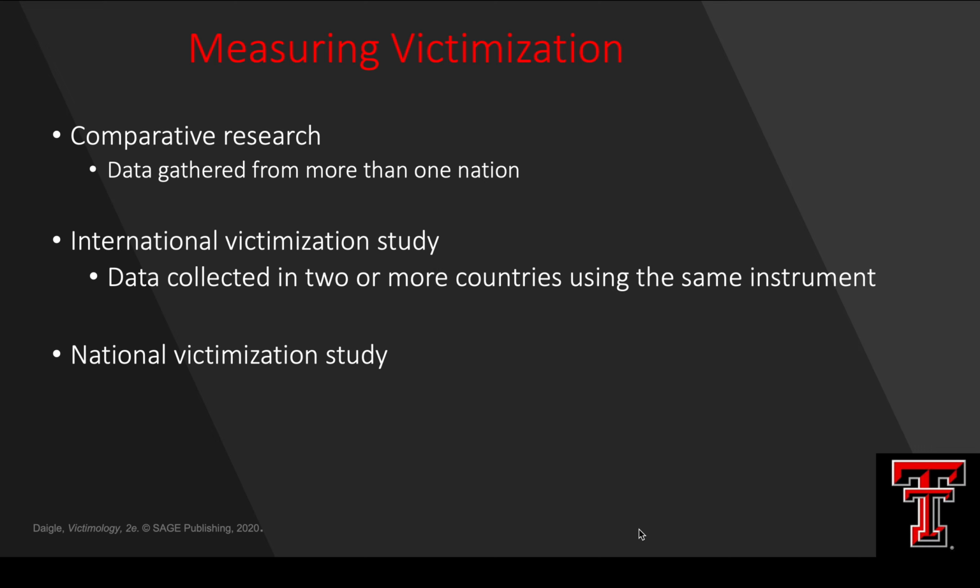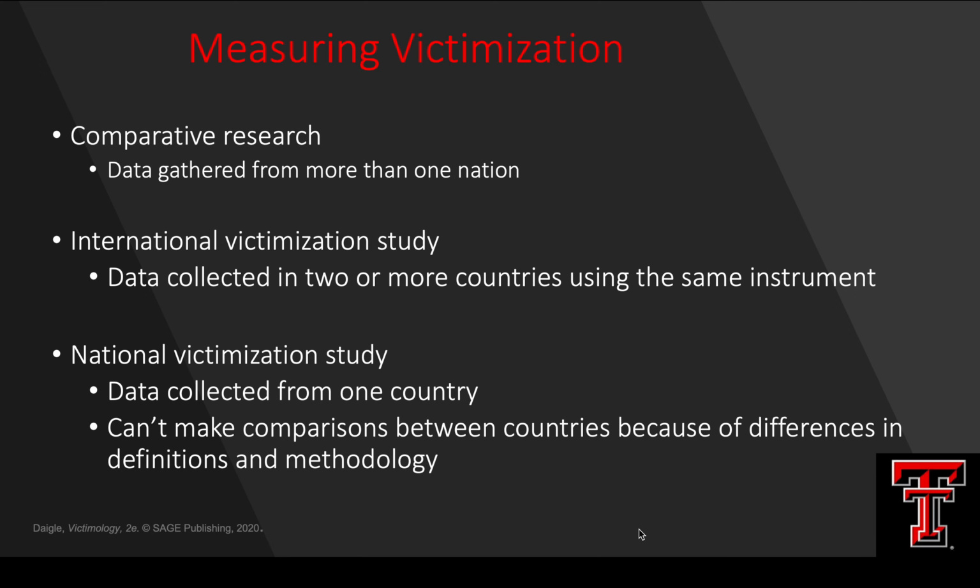A national victimization study is a study that takes place in only one nation. The NCVS is an example of a national victimization study. While they're much easier to do than the international studies, we can't really use them to make comparisons between countries.